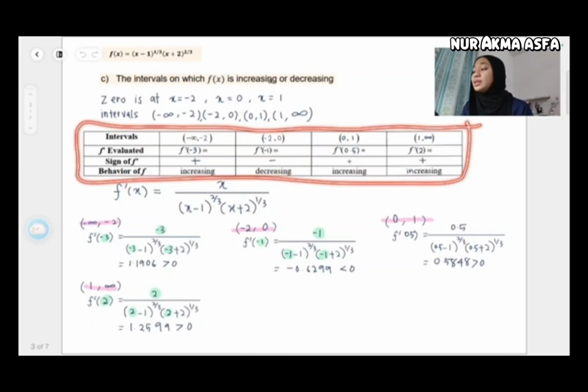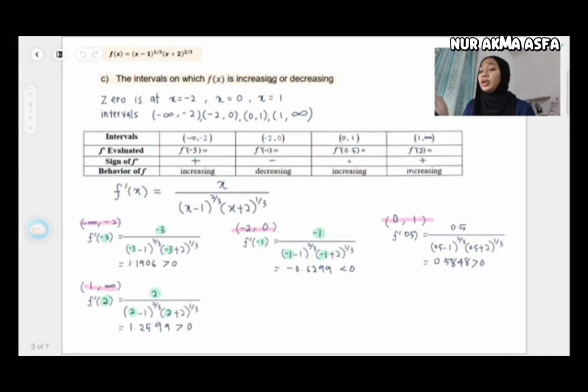Inside the table, we need to include the intervals, the first derivative function evaluated, the sign of the first derivative function, and also the behavior of the function. We already know the first derivative from the previous question, 1a.